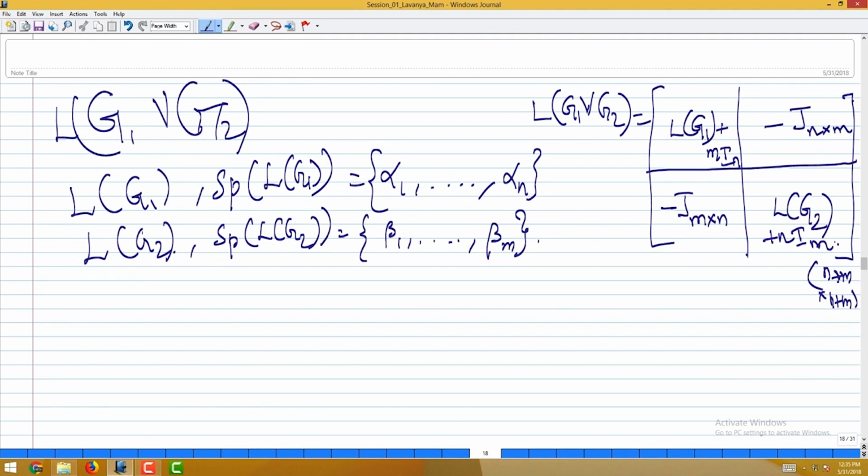You know the spectrum of G1, you know the spectrum of G2, we just need to look for the spectrum of this join. Of course, because we have at least one identity matrix, there is a 0 eigenvalue. So, let me just write this as 0.